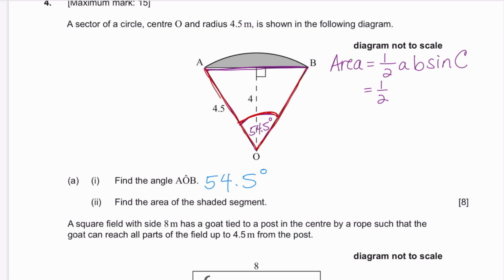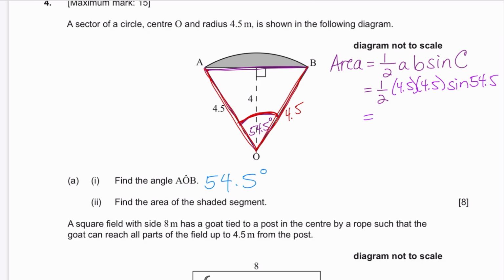So think of it as side, angle, side, which in this case, both of these are going to be 4.5. And then it's going to be times the sine of the angle we just found, 54.5. So this is going to go into our calculator. This is figuring out the area of this triangle all at once instead of us having to do Pythagorean theorem to find the missing length so that we can multiply by 2 to find the entire base.